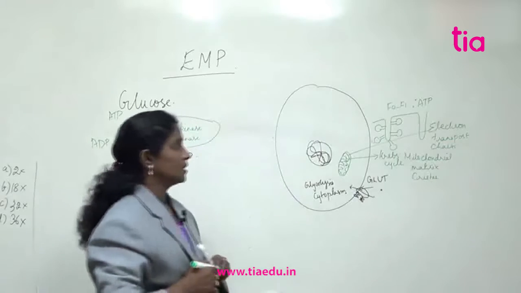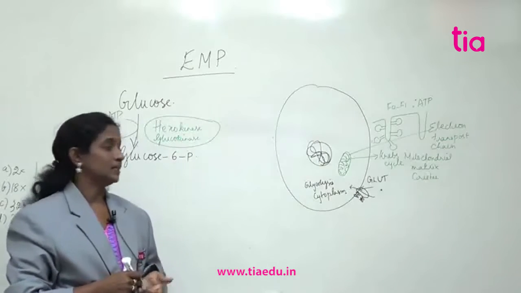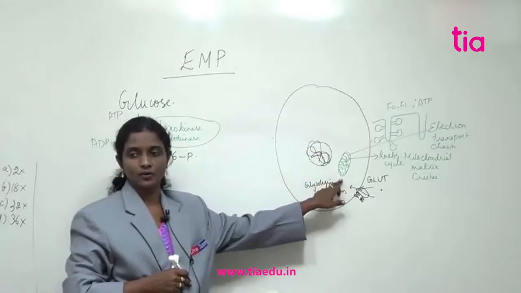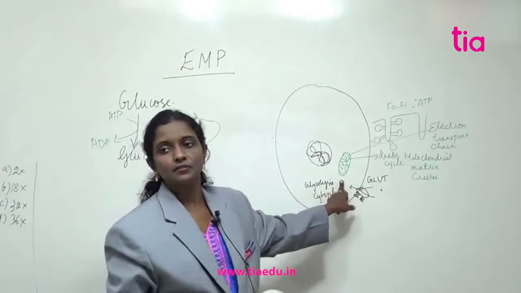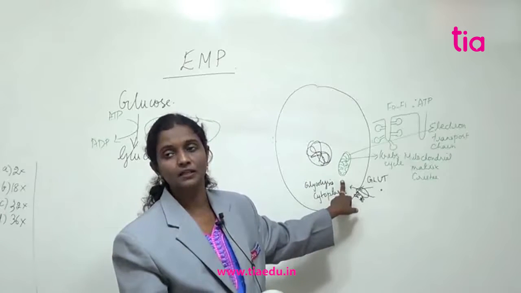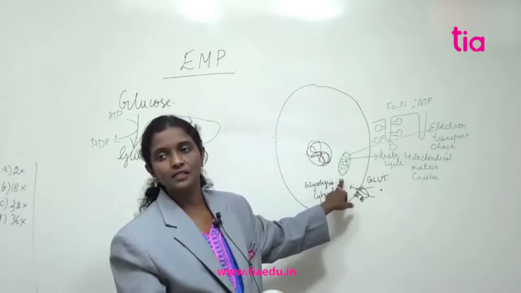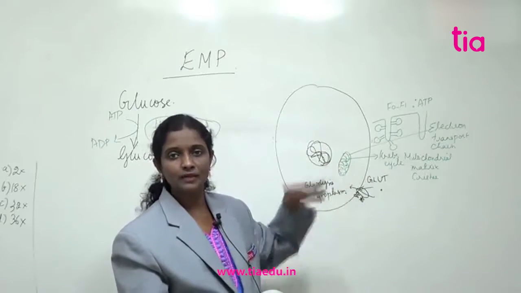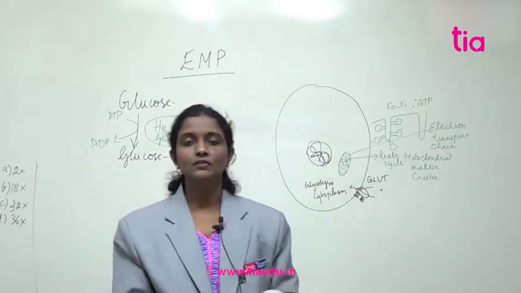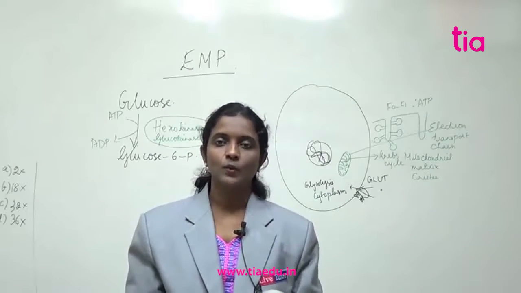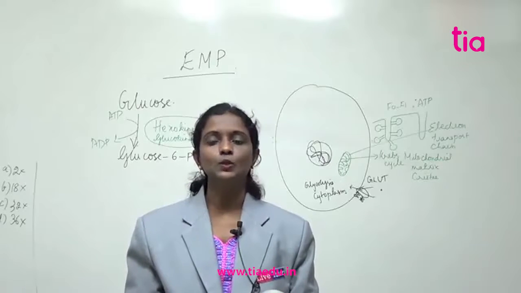I repeat, glycolysis happens in the cytoplasm. Then the pyruvic acid goes inside the mitochondria, where the conversion of pyruvic acid through to the Krebs cycle takes place in the mitochondrial matrix. From the matrix it comes back to the inner membrane of mitochondria, which is the cristae, packed with F0F1 particles, wherein ADP will be converted to ATP.